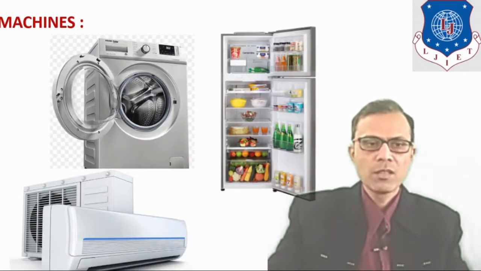For example, refrigerator, washing machine, air conditioner. All these are examples of a machine. You should notice that no metal removal processes are involved in any case of a machine. That is known as a machine.